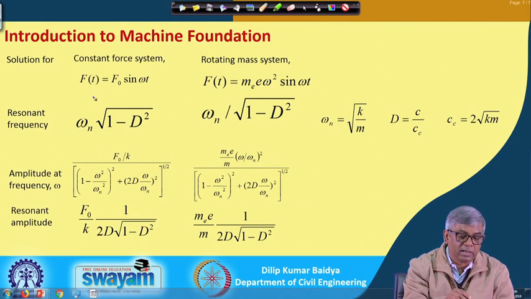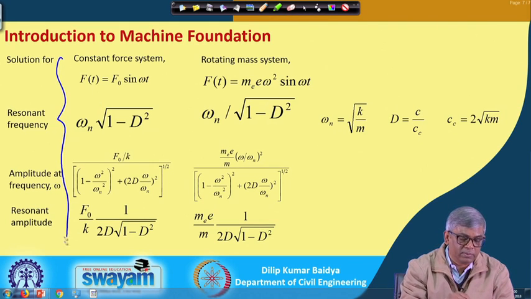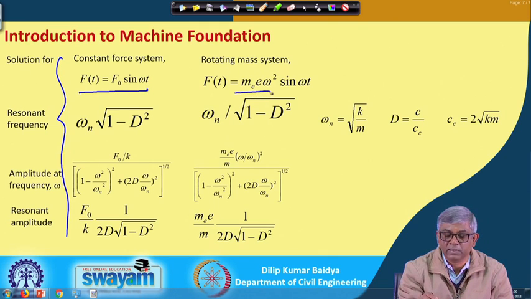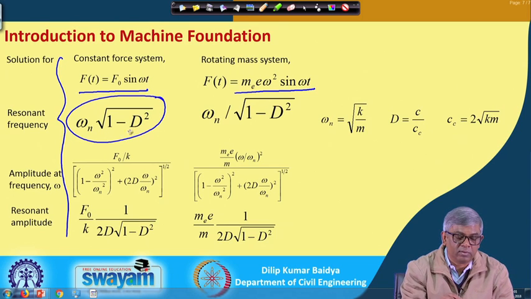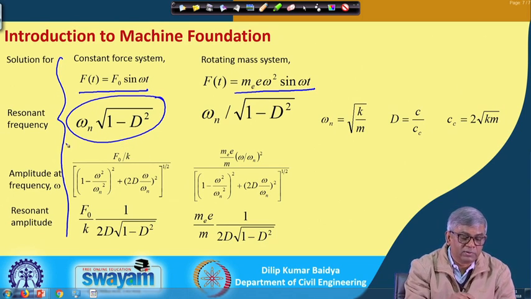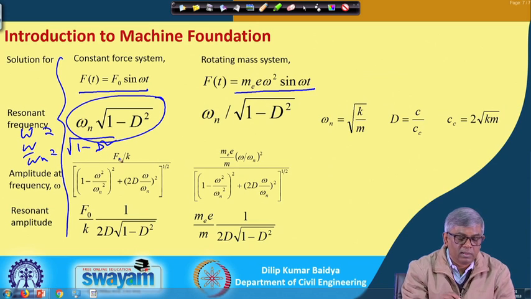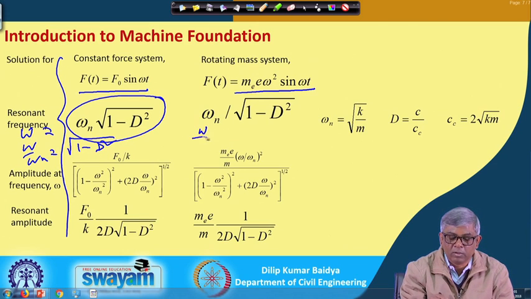The important thing to remember is that when the force is F naught sin omega t, and when the force is m e omega square sin omega t, in that case the resonance frequency differs. For the constant force system, omega over omega n will be equal to under root 1 minus d square, whereas in this case omega over omega n will be 1 by under root 1 minus d square.